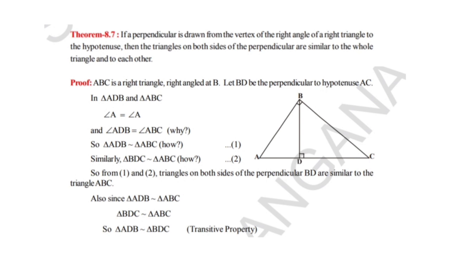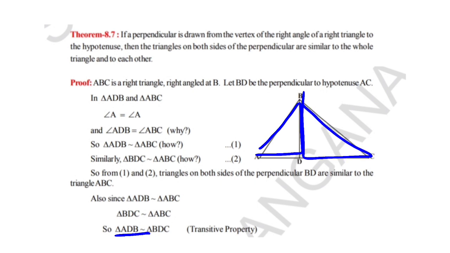If a perpendicular is drawn from the vertex of the right angle, here angle B is a right angle, to the hypotenuse, then the triangles on both sides of the perpendicular are similar. The left side triangle and right side triangle are both similar to the whole triangle and to each other. So here triangle ADB is similar to triangle BDC.